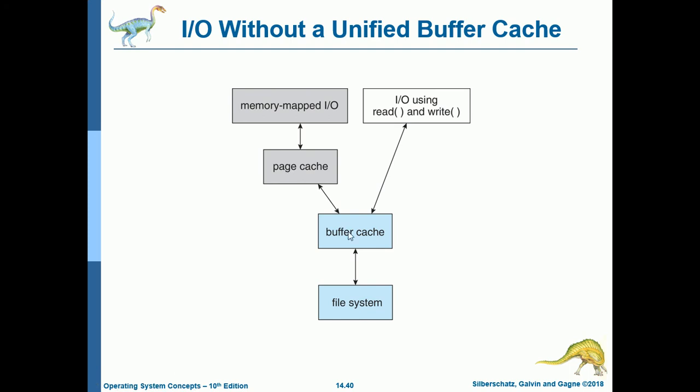So a memory mapping proceeds by reading in disk blocks from the file system and storing them in the buffer cache. Because the virtual memory, as you can remember, only uses page cache and does not have any access to the buffer cache, the contents of the file in the buffer cache must be copied into the page cache.